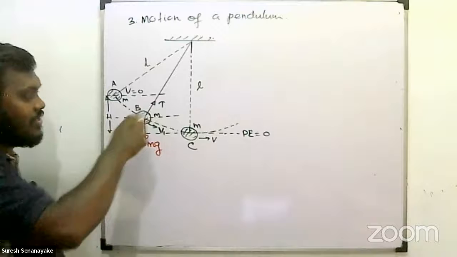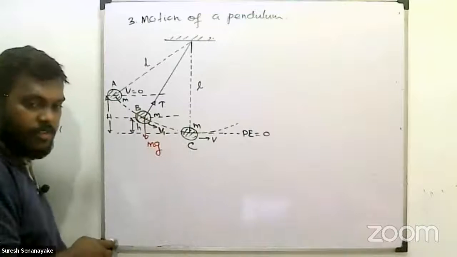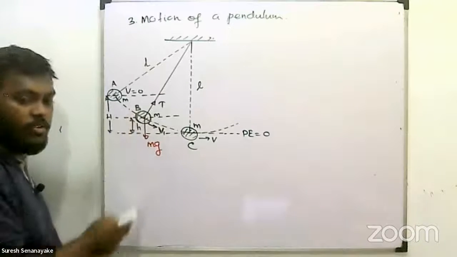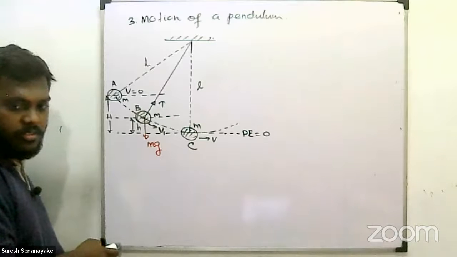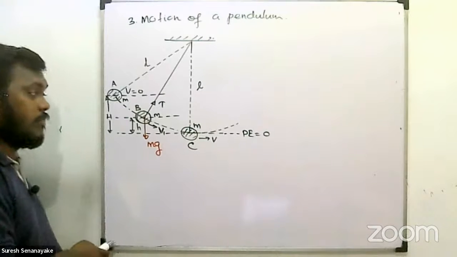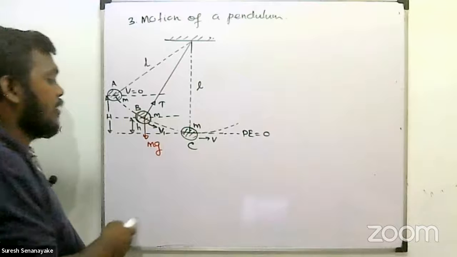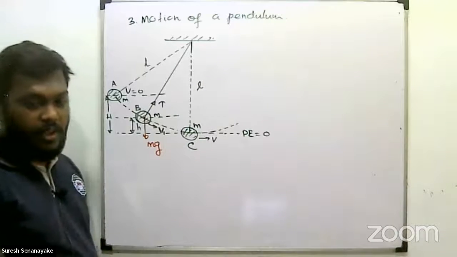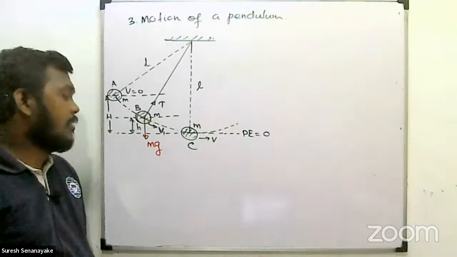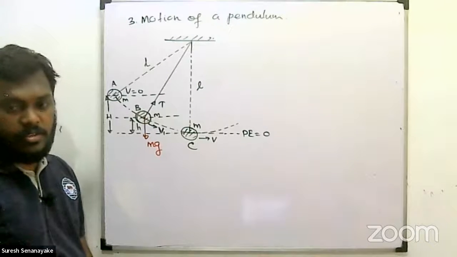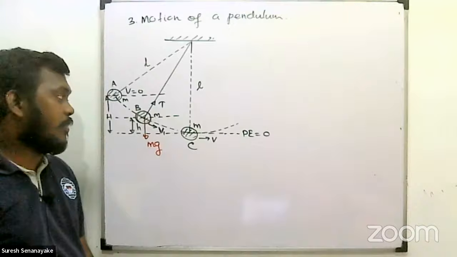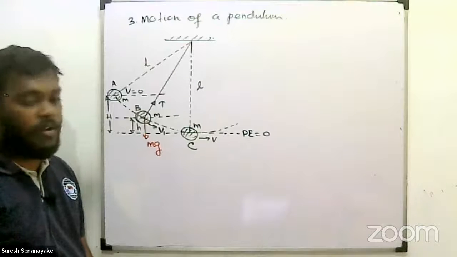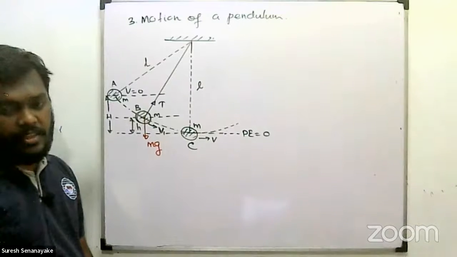The tension of the string is always perpendicular to the direction of its motion, so the tension will not do any work, right? The work done by the tension is zero. Here the work is done only by the weight. The weight is a conservative force.